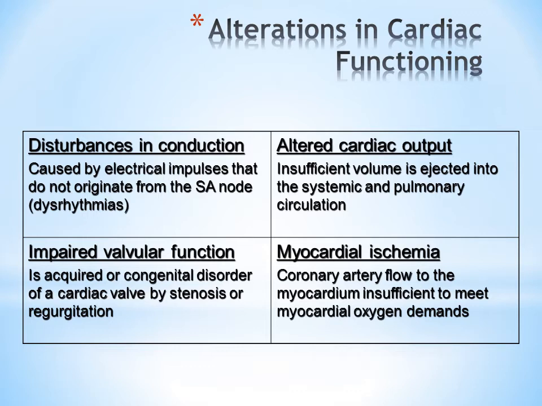It includes unstable angina, non-ST segment elevation MI, and ST segment elevation MI. An MI occurs because ischemia is not reversed. Cell death will occur after 20 minutes. And congestive heart failure is common following an MI due to the heart's ineffective pumping ability.